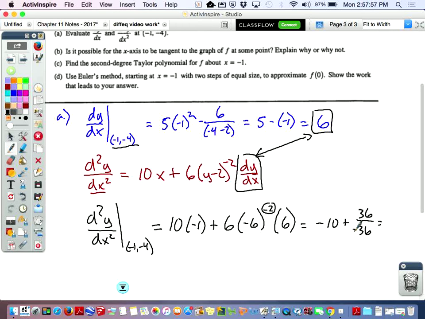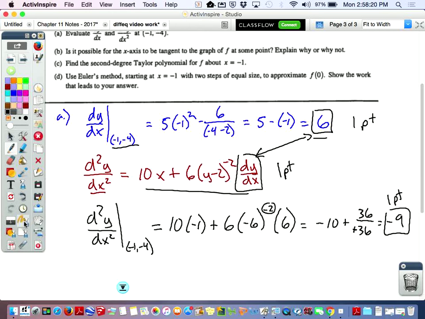Oh, negative 6 squared, excuse me, that's positive. So I get negative 10 plus 1. That gives me a negative 9. So each of these answers that we got here is worth a point. So 1 point for the 6, 1 for the second derivative, and then another point for the second derivative at the point negative 1, negative 4.